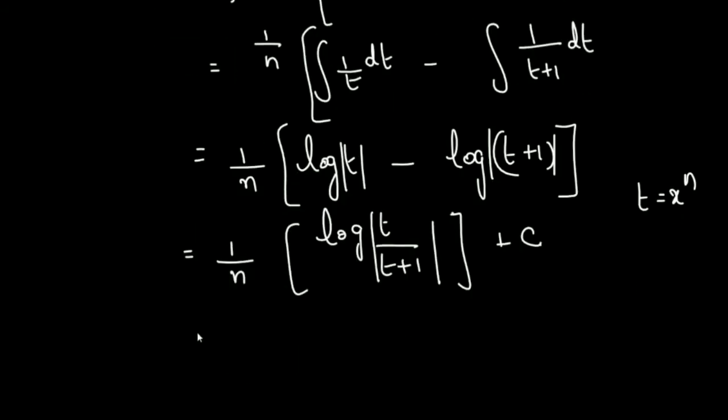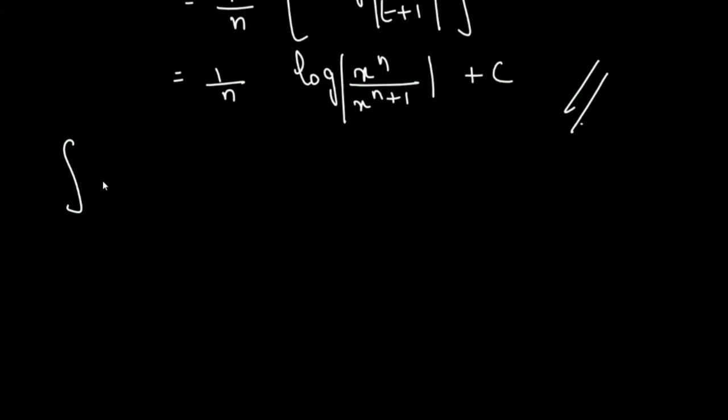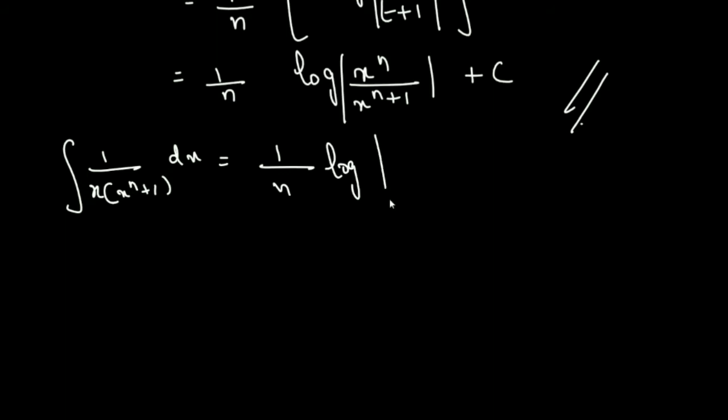So this is equal to 1 by n log x power n by x power n plus 1 plus c. Therefore, integral 1 by x into x power n plus 1 dx is 1 by n log x power n by x power n plus 1 plus c.